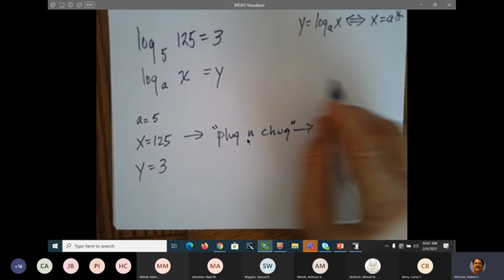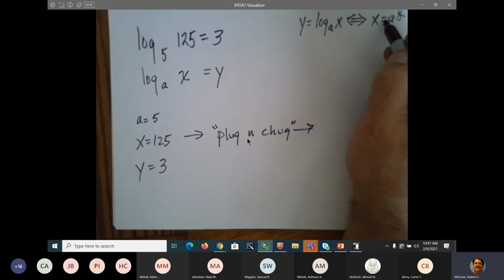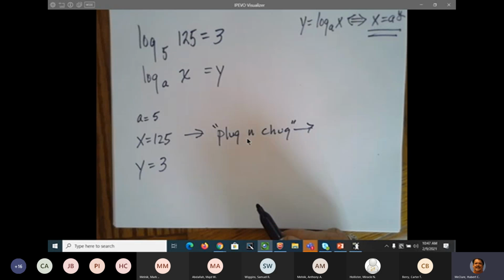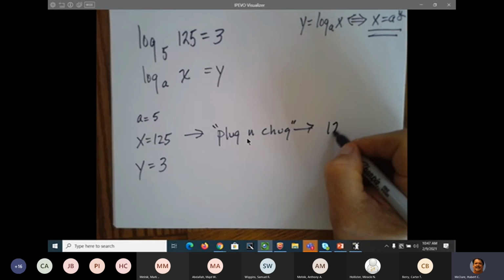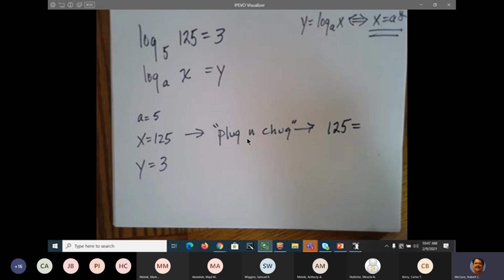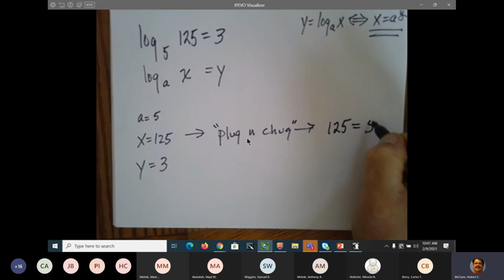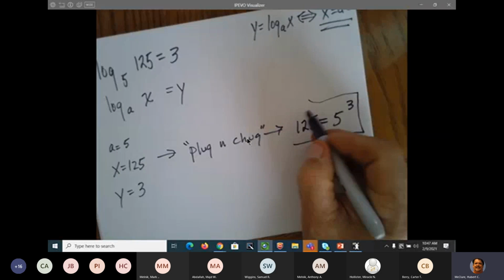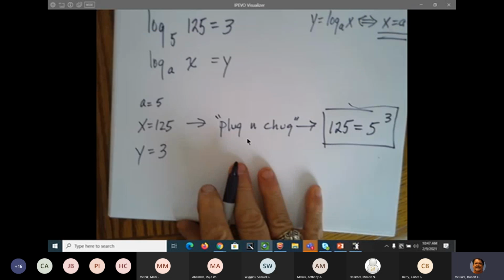So I've got y is equal to a log. I'm gonna change it into a what? An exponent. So what is my x? 125. A is 5 to the third power. And that's my answer.